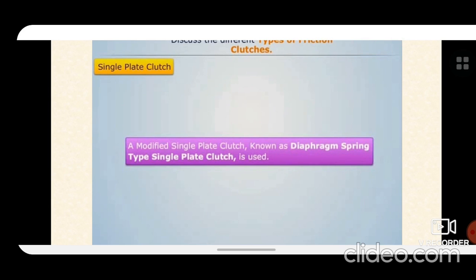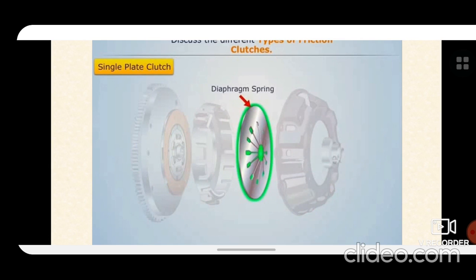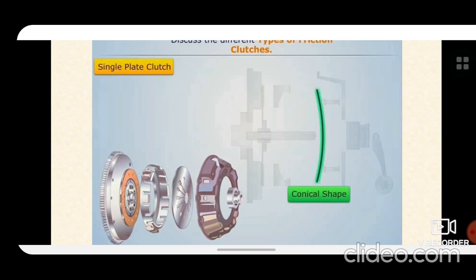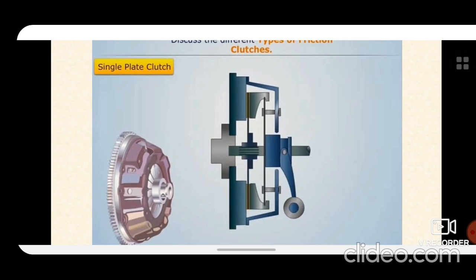A modified single plate clutch, that is known as diaphragm spring type single plate clutch. This is the diaphragm spring. Conical shaped. In the mechanism, it becomes approximately flat when the pressure is applied.